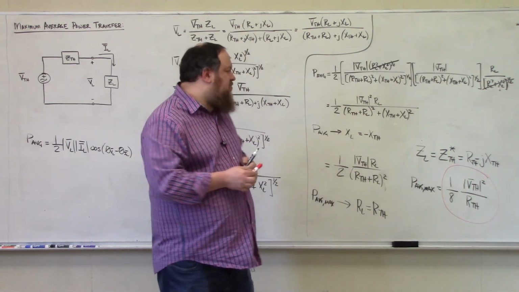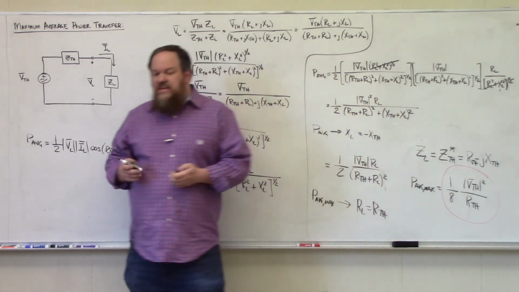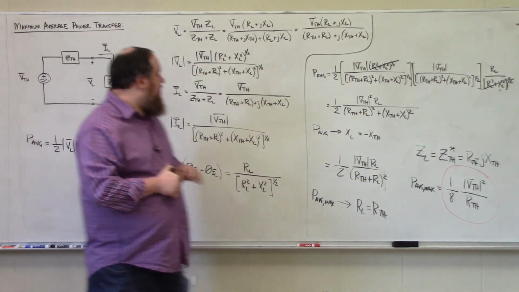So it's the exact same result that we got for a DC circuit, except multiplied by this factor of 1/2.